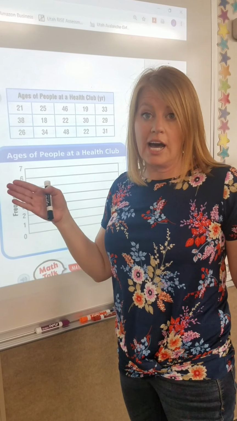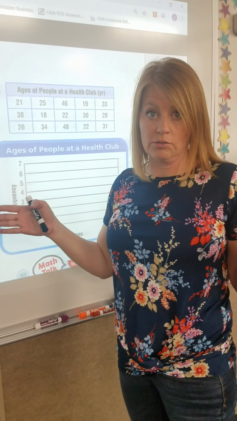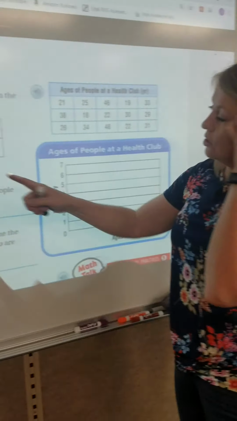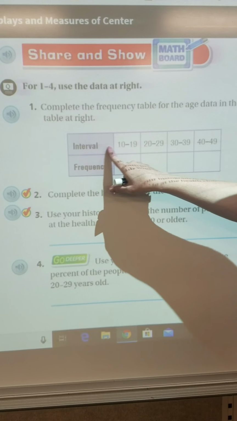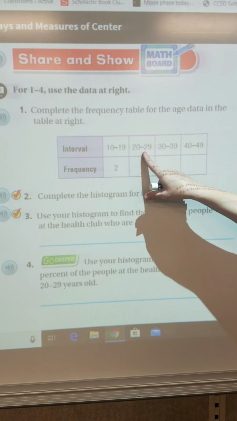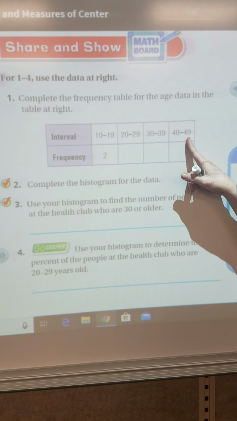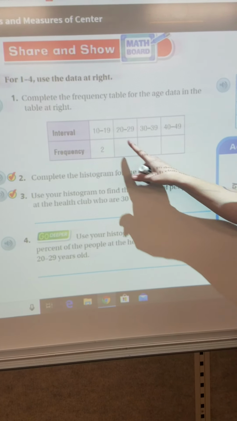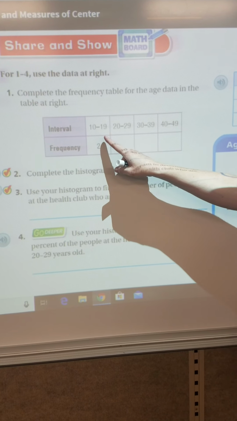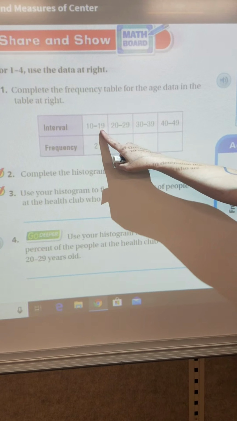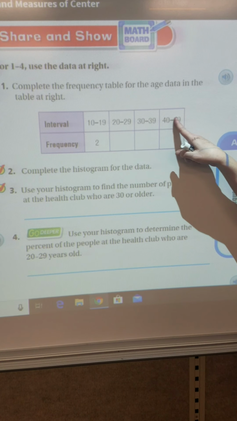Make sure to include the highest and the lowest data value, and then create the intervals from there. So here's our intervals: 10 to 19, 20 to 29, 30 to 39, 40 to 49. Remember, when you're creating intervals, you want to make sure to have the same amount of data in each interval. So this is including 10 each time.